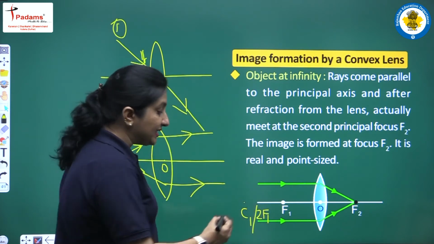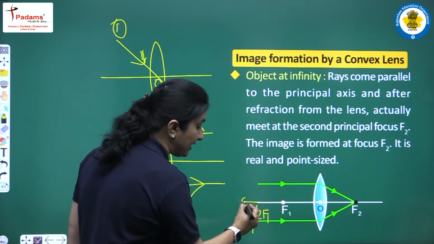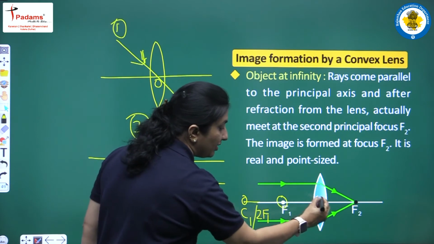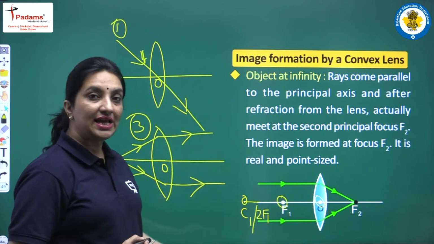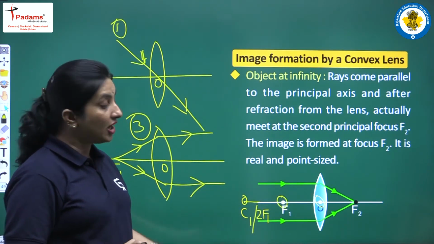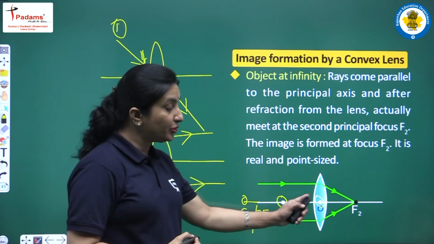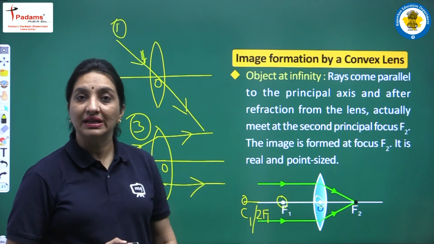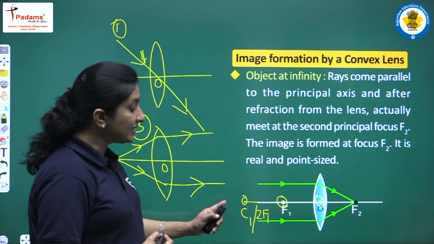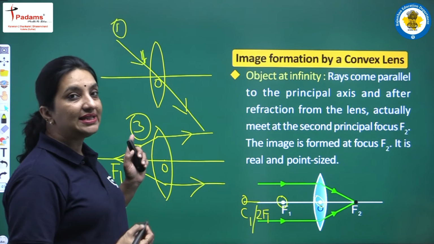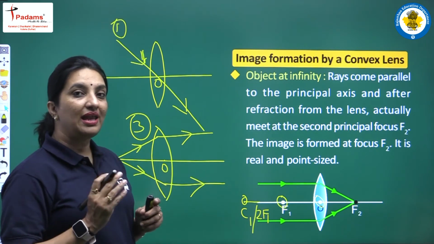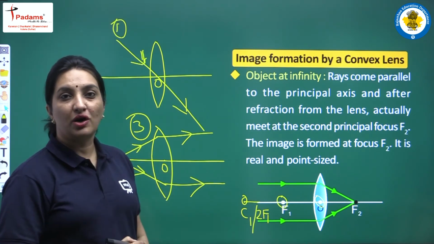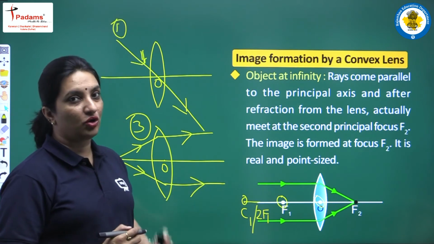2F1. So what we see is that we have basically 3 points on the left hand side of a convex lens. Depending upon the position of the object, we can have different positions of the images. The fourth point which we can take is infinity. So there can be 6 positions of the object in front of the convex lens.